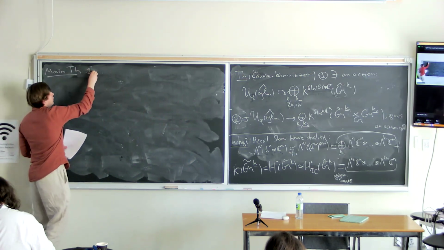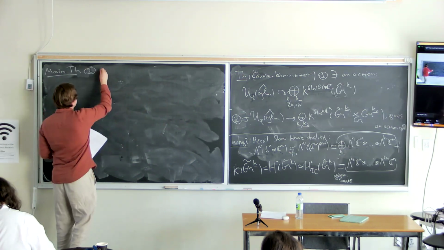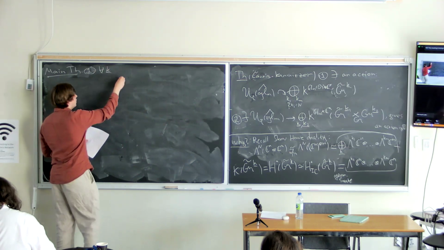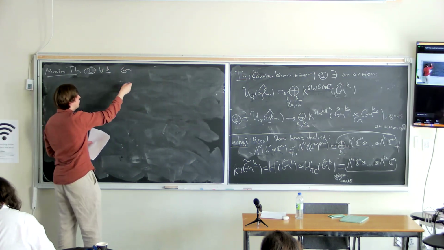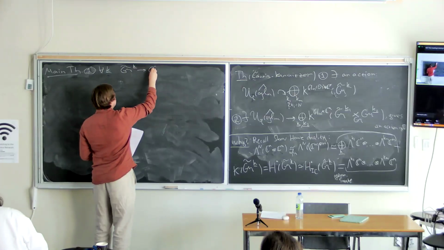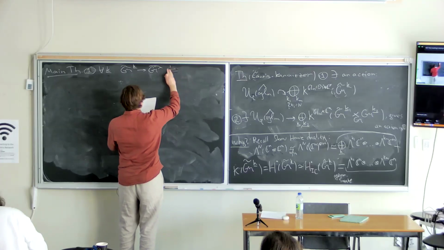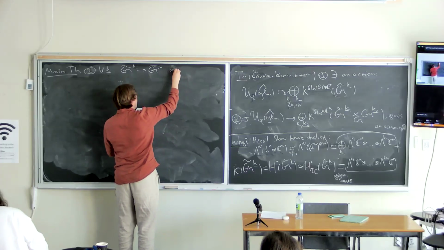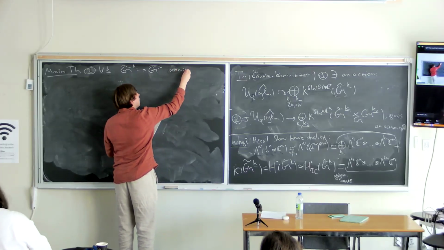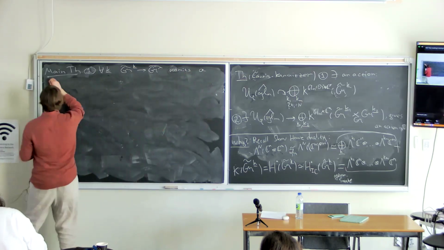The first part is the following: for any k bar or k underlined, this resolution admits a non-commutative resolution again.